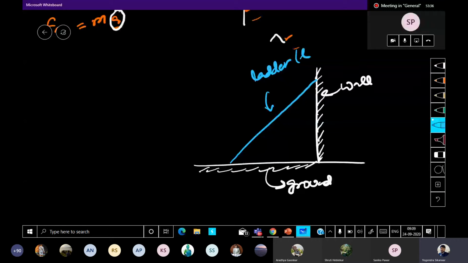Length of ladder is L. This angle at any moment is theta. Suppose this point is A. Suppose this point is B.